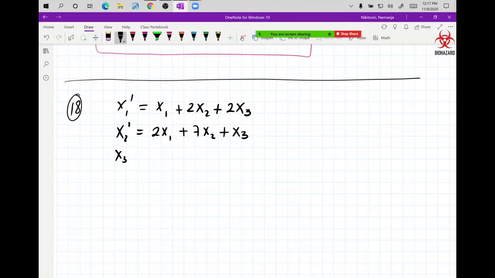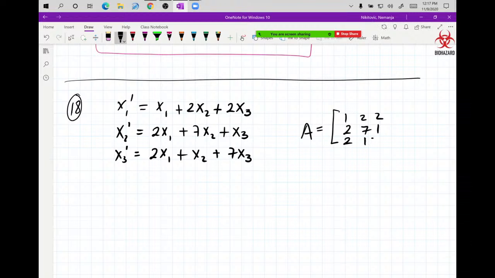And x3 prime is 2x1 plus x2 plus 7x3. There we go. So this is what we have. And when you look at this, you get your matrix A immediately as 1, 2, 2, 2, 7, 1, 2, 1, 7. That's your matrix A.